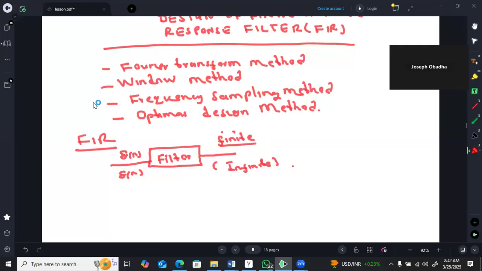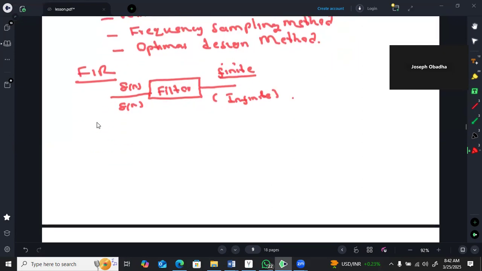So for a finite impulse response filter, we can consider the input-output relationship to be in the form of y of n being equal to the summation from i equal to 0 to k of b_i x of n minus i.